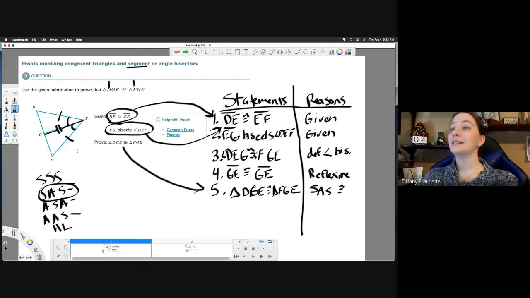So again, pay attention to given information, mark it on your diagram, and then work through it step by step. How do I know angles are congruent? How do I know segments are congruent? And then try to get to one of these ultimate goals of triangle congruence. So we want to meet one of these goals. Again, we do have the HL, but we don't use it terribly often in this program.